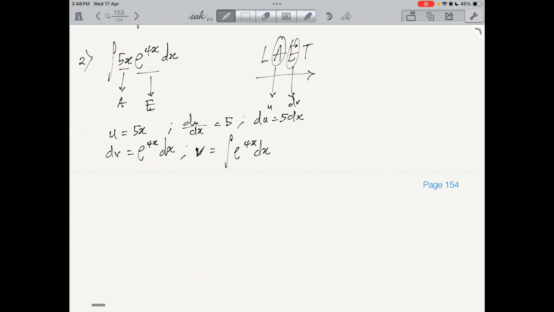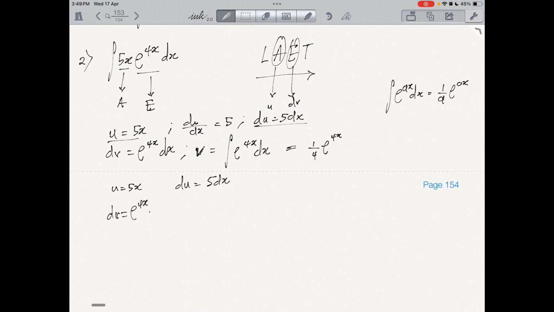Integrating exponential 4x dx will give 1 over 4 exponential 4x, because integrating exponential ax with respect to x gives 1 over a exponential ax. Now we have u to be 5x, du to be 5 dx, dv to be exponential 4x dx, and v to be 1 over 4 exponential 4x.